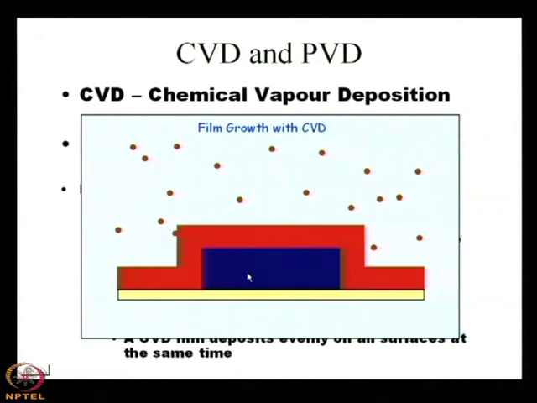All sides are covered with the film here. Okay. See, the yellow is the susceptor, blue is the substrate, and the red is the film. So, that is the difference between physical vapor deposition and chemical vapor deposition. Step coverage is very, very important in the case of film growth.